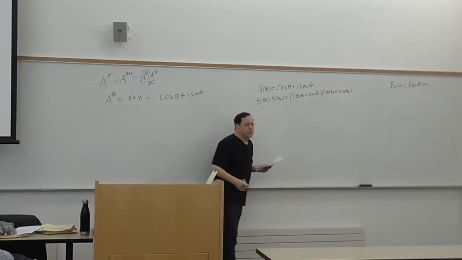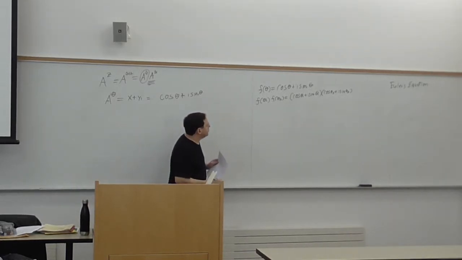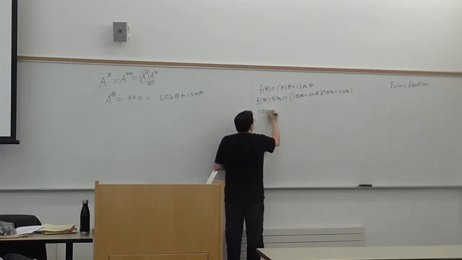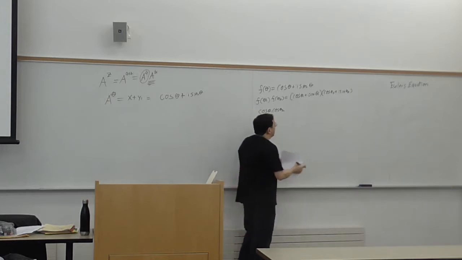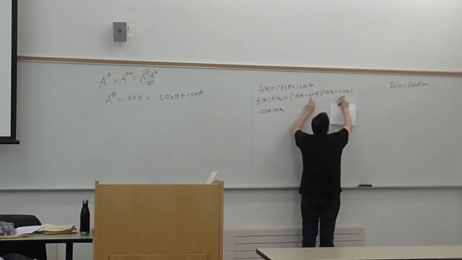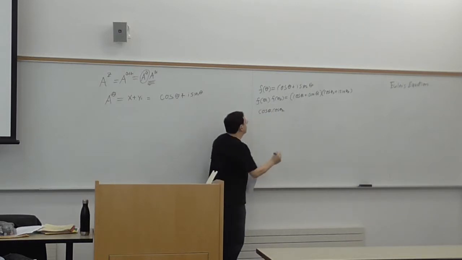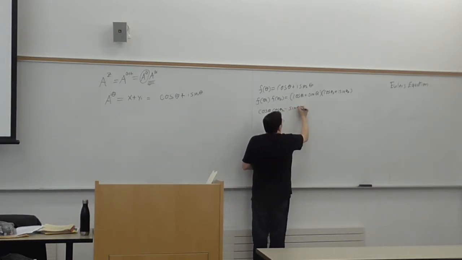And now I just want to FOIL these and see what happens. All right, the firsts will give me cosine theta 1, cosine theta 2. The lasts both have an i in them. i squared is minus 1, so this is going to be a minus sine theta 1, sine theta 2.